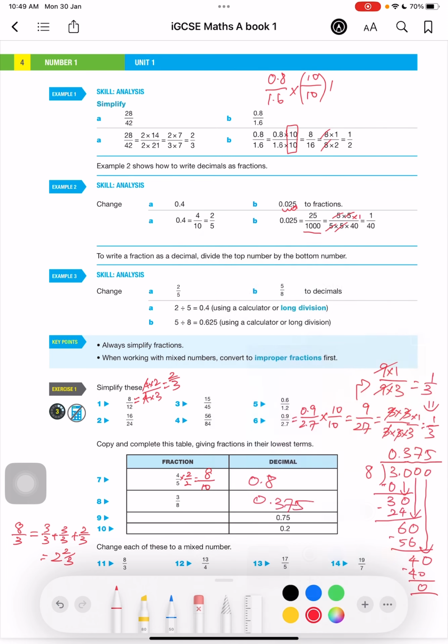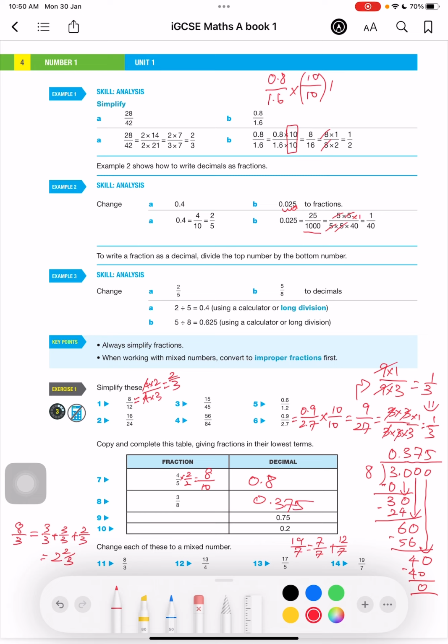Let's try number 14. You have 19 over 7. If you break it down to 7 over 7, which is 1 whole, this should give you 12 over 7. You realize you can still find another whole in 12 over 7. As long as the top number is larger than the denominator, you usually have another whole.